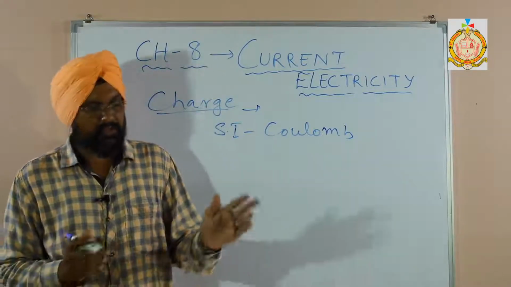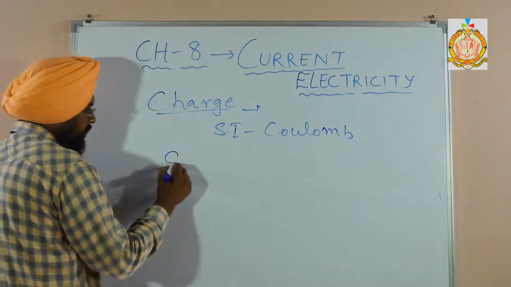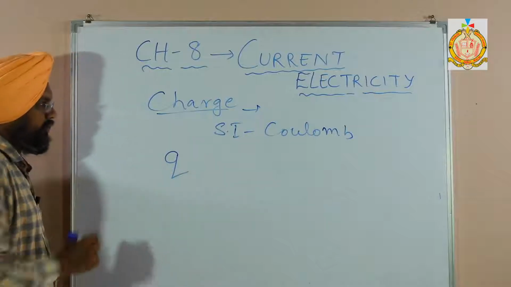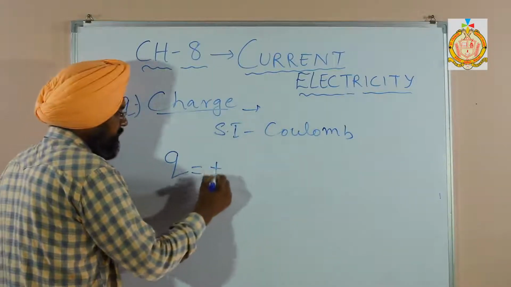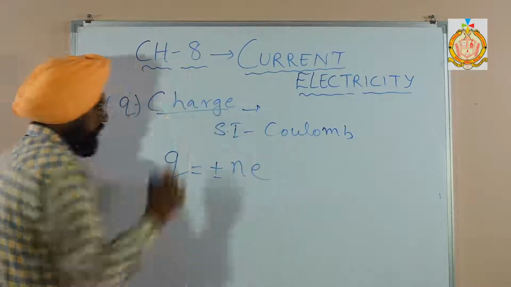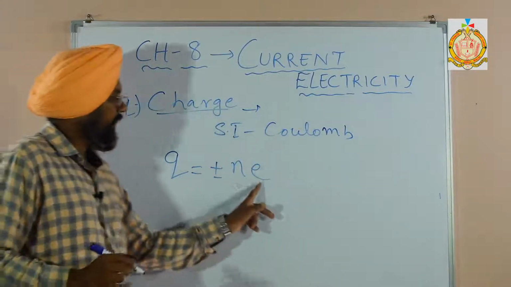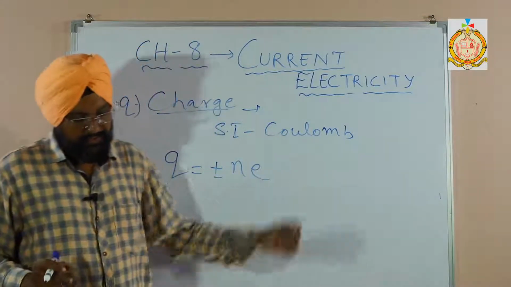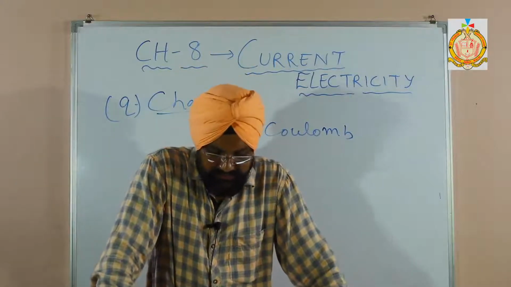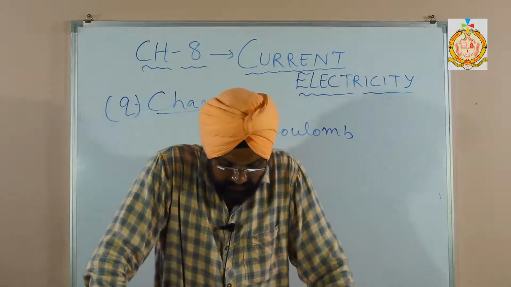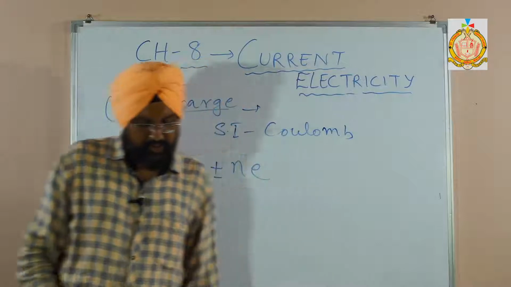The charge on the body is denoted by Q, that is plus or minus n e, where n is the number of electrons passed, in deficit (positive) or excess (negative), and e is the charge on the electron.